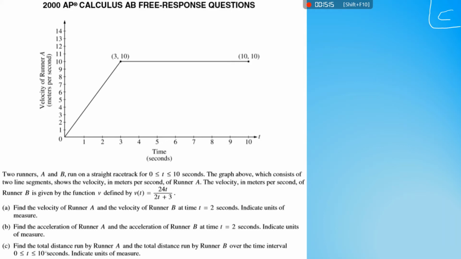Let's see if I still have Oliver really quick. Yep. Okay, so Oliver, what's going to happen for my total distance for runner A?